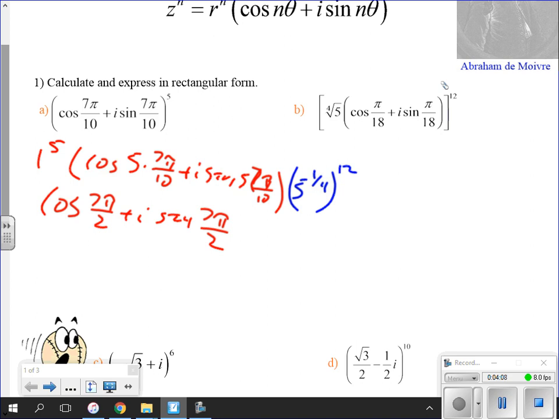And then I have that times the cosine of 12 times pi over 18 plus i sine of 12 times pi over 18. And then 5 to the 1/4 to the 12th power.